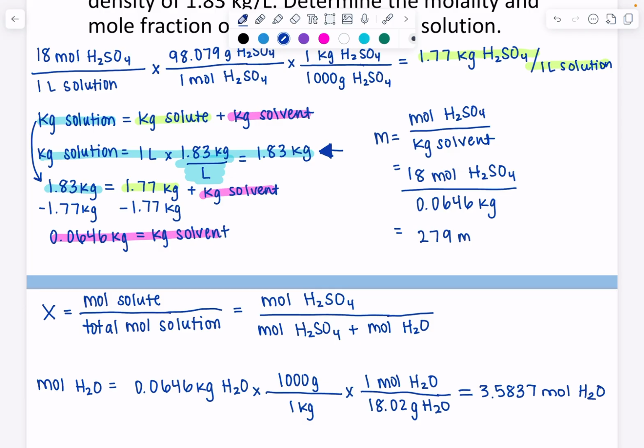So going back to our mole fraction, this will be 18 moles divided by 18 plus 3.5837 moles. And so mole fraction is 0.83.